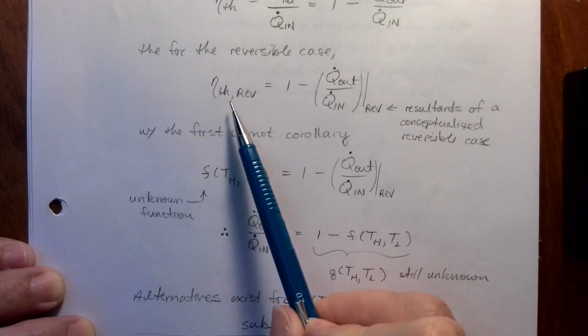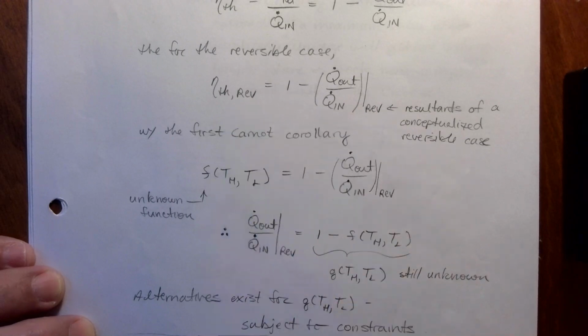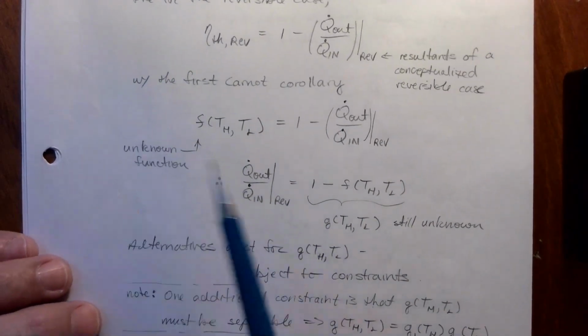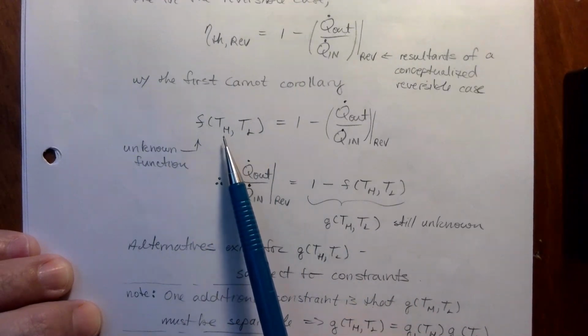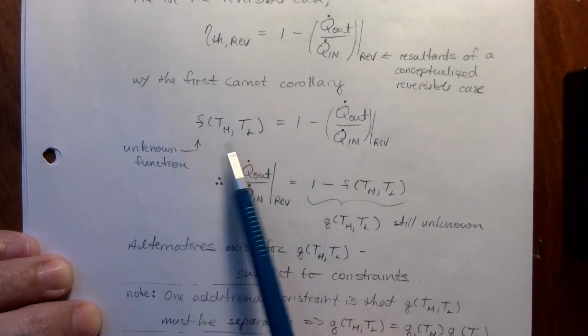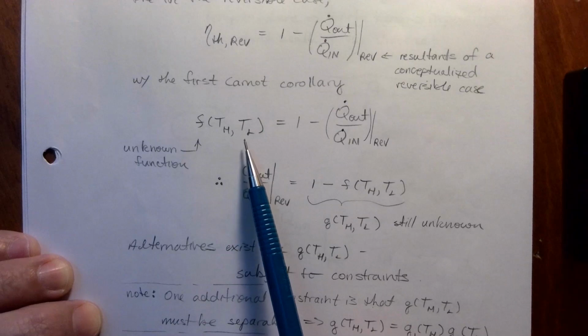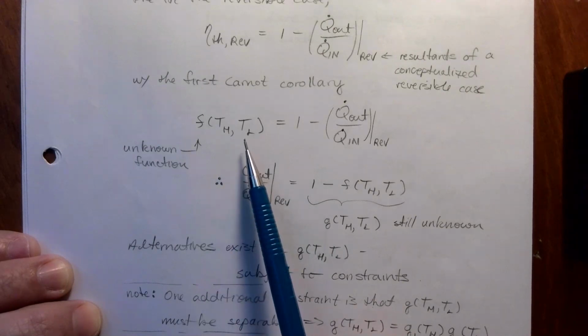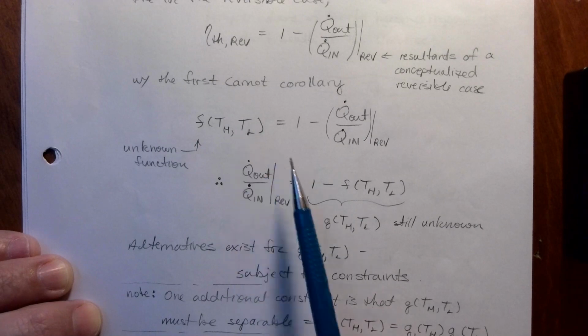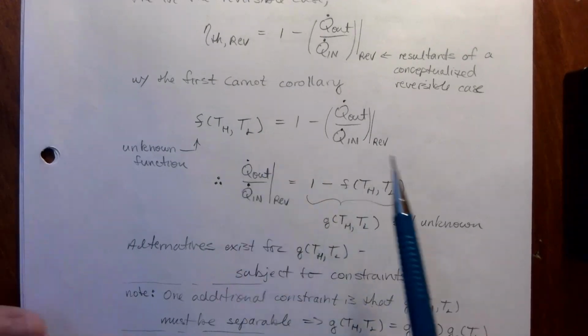So the highest possible performance according to the first Carnot corollary. This performance, then, the highest performance, is only going to depend on TH and TL. It doesn't depend on any of the particulars of how the process works, only the two temperatures of the reservoirs, TH and TL.